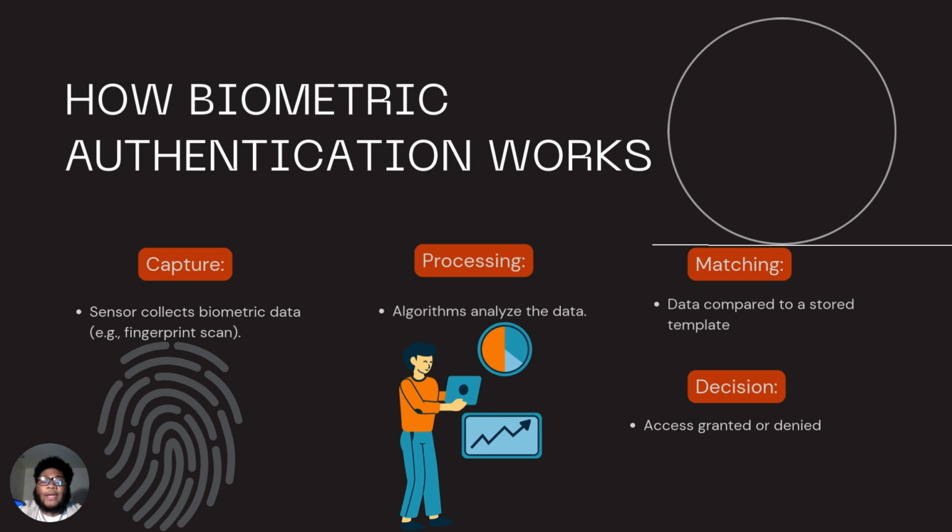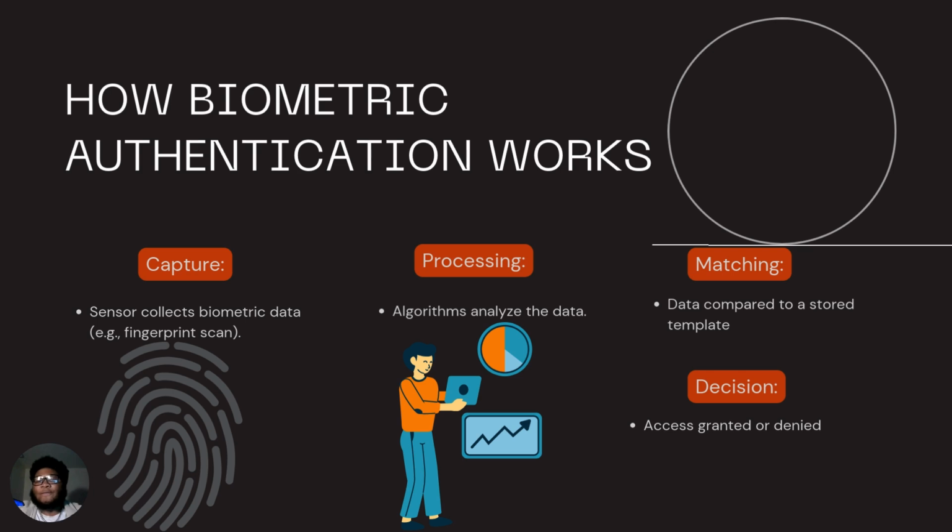But once you do that, we'll lead on to the next step, which is processing. With processing, it is an algorithm that analyzes the data. So once you put your thumbprint on your phone, it then analyzes it and processes it through. Then it'll reach the matching stage. With the matching stage, that's when the data is compared to a stored template or a stored password.